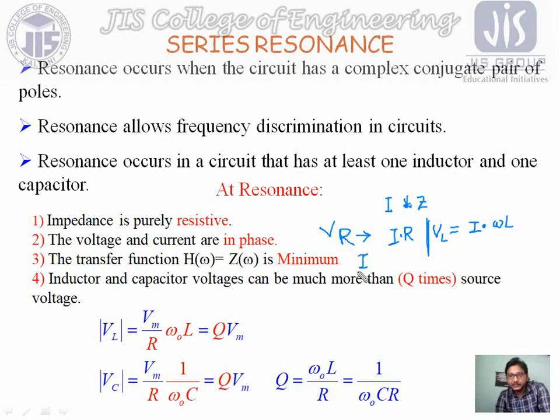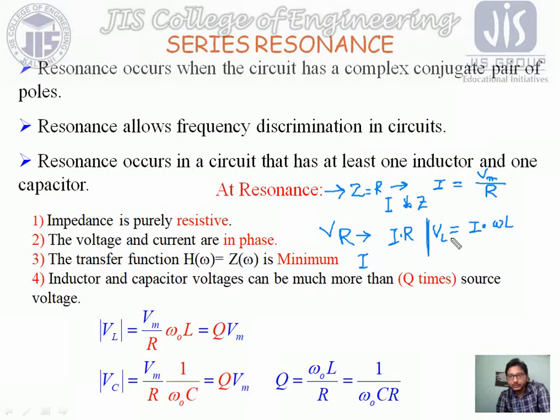At resonance condition Z is equal to R, and whatever voltage Vm we have applied, the current I will be Vm divided by R.